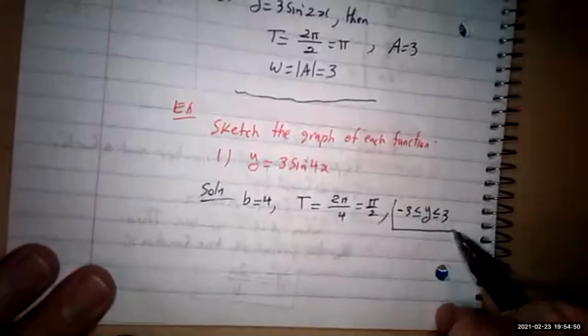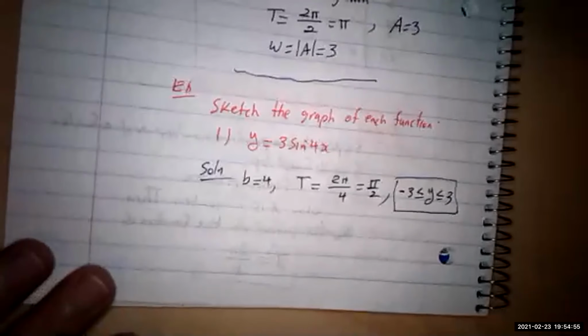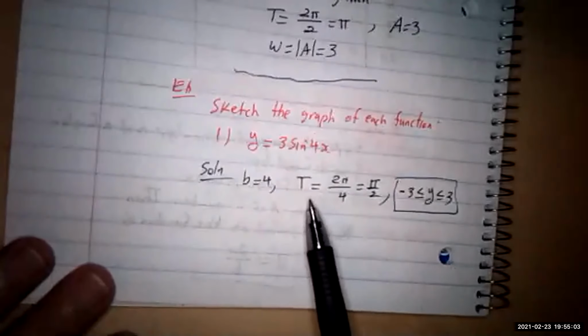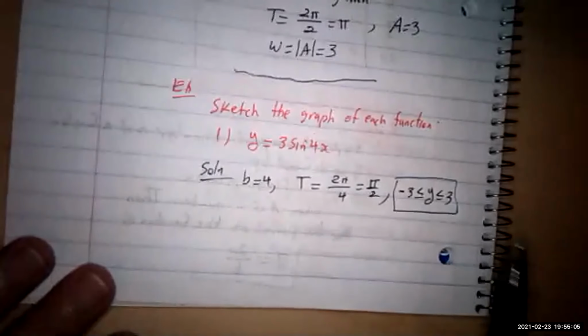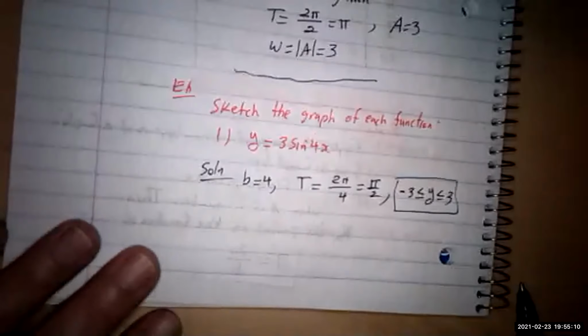This is the most you go up and down, and you get the pi half. Now the shortcut that I talked about: the period that we're going to graph for this function is 0 to pi half. I explain this one, and then you do the action right away.